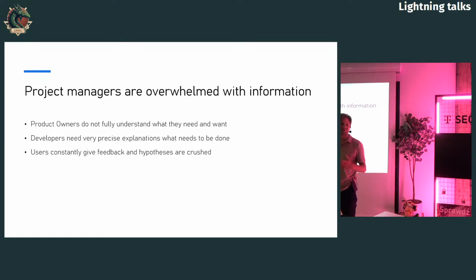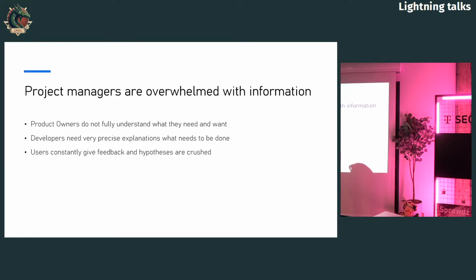If I'm managing like 5 projects, I'm overwhelmed with a lot of information. It's really hard. My product owners do not fully understand what they need. They don't know what they want. But the developers need very precise explanations of what needs to be done. And often I am in between. I don't have business analysts.